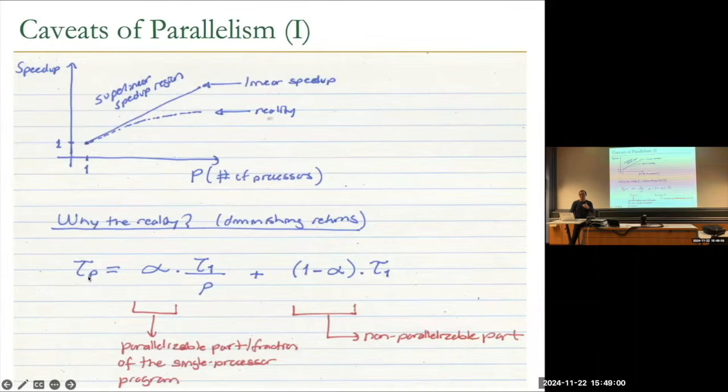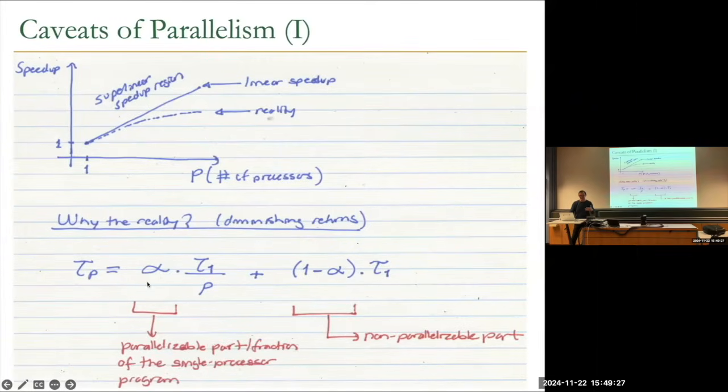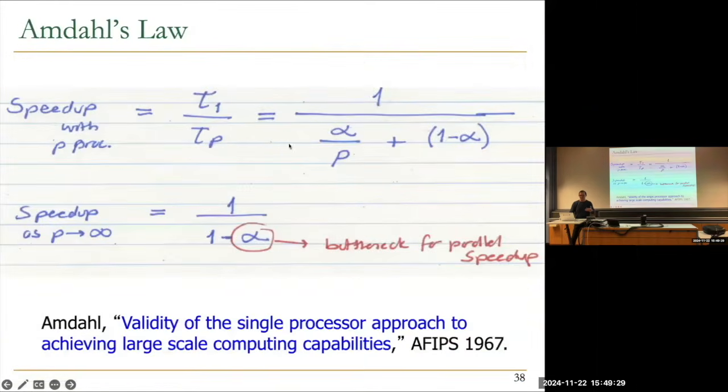Time with P processors is really the parallelizable part times time with one processor divided by P, assuming it's perfect parallelization, plus the non-parallelizable part times time with one processor. Right? Amdahl's equation that I showed you comes based on speedup. This is speedup with P processors. You do T1 divided by TP. TP is this. T1 is T1.